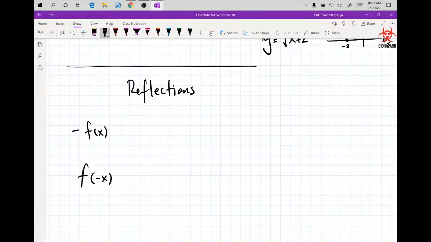So negative f of x is going to reflect, you can see that the whole function becomes negative, right? So all of your y's become negative y's. So that's a reflection on x-axis.